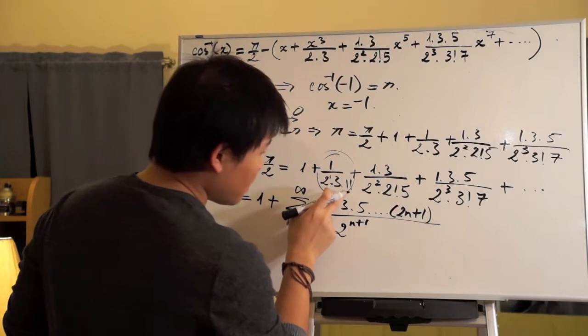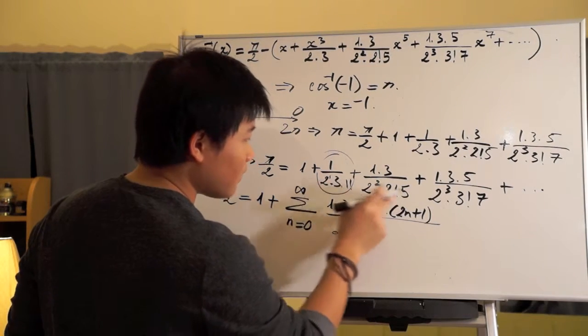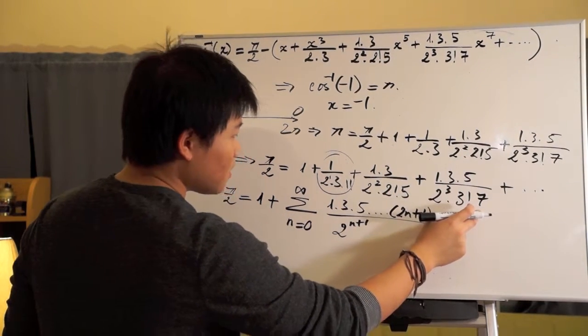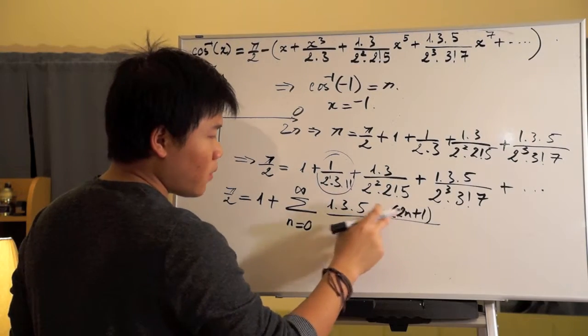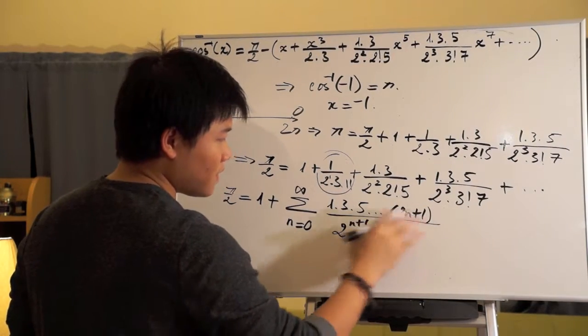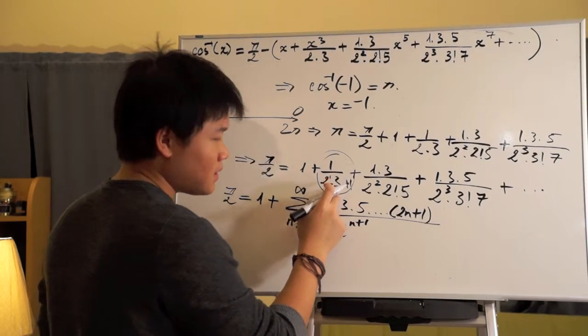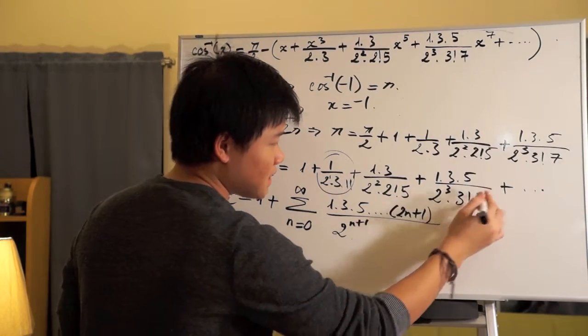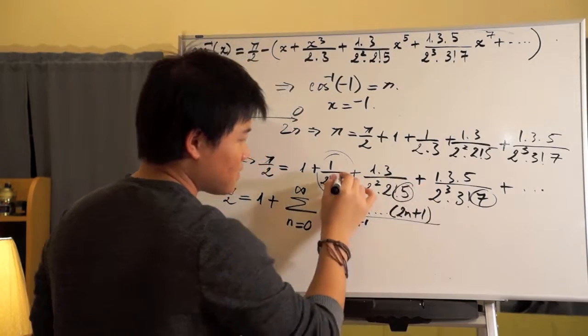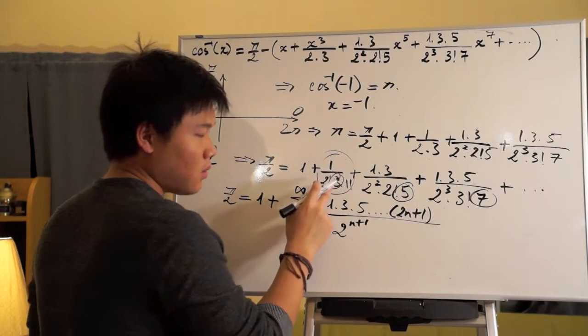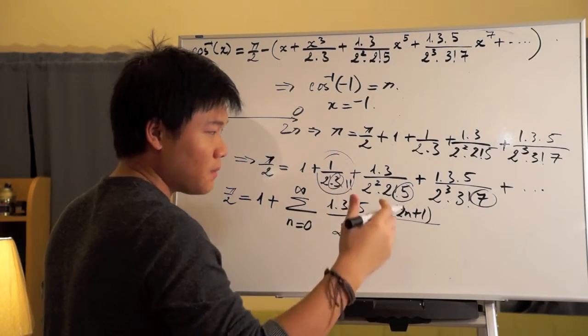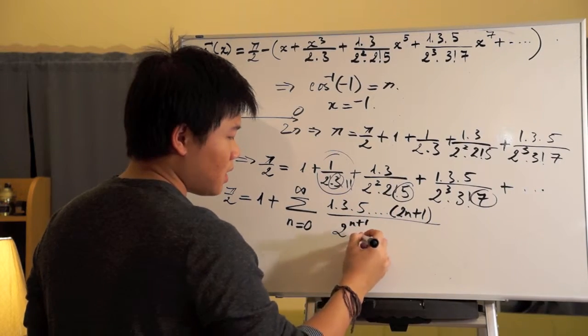Now we have 3, we have 5, we have 7. So it's like 1 term ahead of this one, but it's not multiplied up to, it's just by itself. Here's just 3, just 5, just 7. So we don't multiply up, it's just an individual constant.